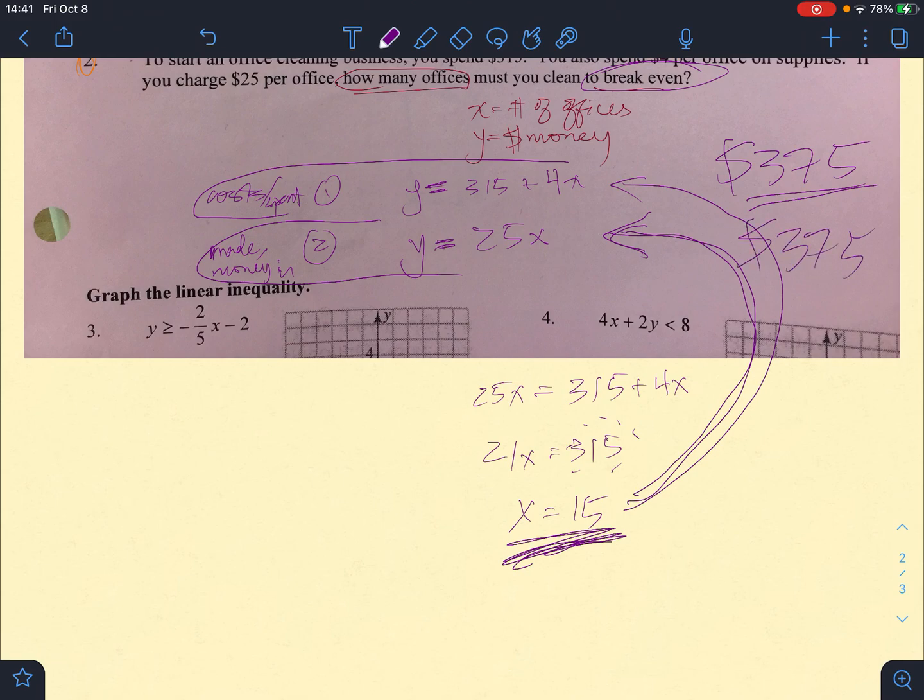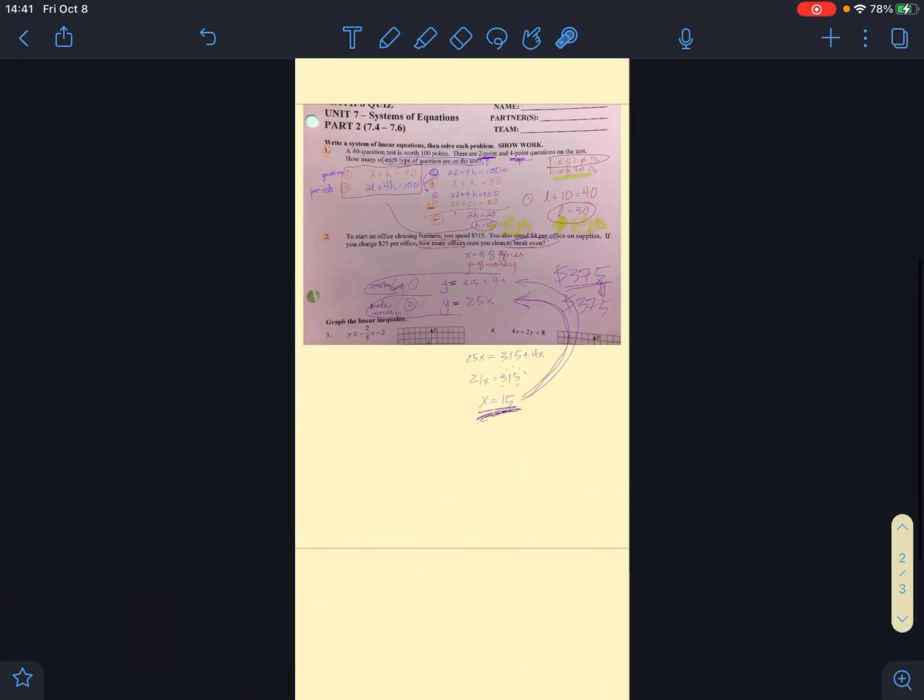That's how much money we're going to make. And notice they are equal, so we've broken even. If we clean more than that, then we're making more money because we're charging people $25 per office and we're only spending $4 for the supplies to restock that office.